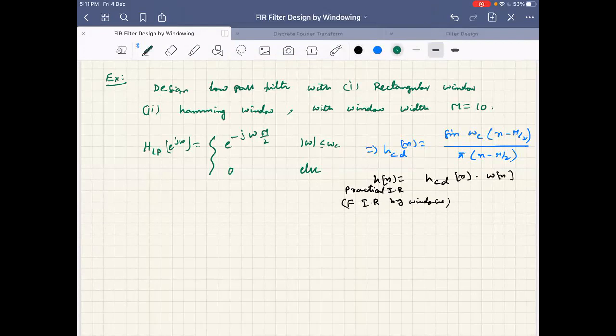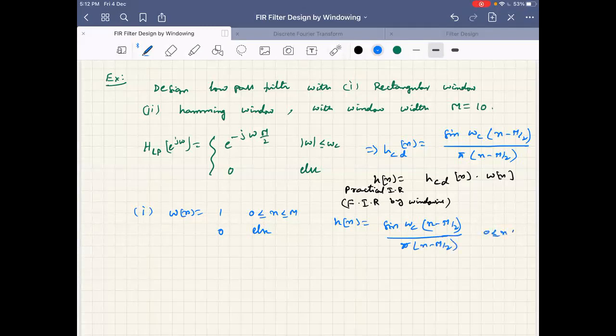Now if you take the first problem, W of n is given by 1 for the rectangular window, for 0 to M, and 0 else. Hence h of n is equal to sine omega c into n minus M by 2, by pi into n minus M by 2, for n less than or equal to M. Here comes the range, because now this is finite.